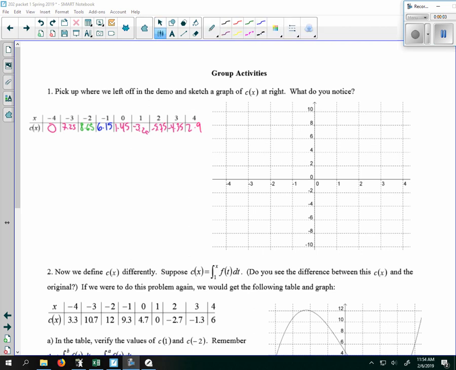Okay, so to pick up where we left off in the demo, I want to sketch a graph of C of x by plotting all the points that we just figured out.